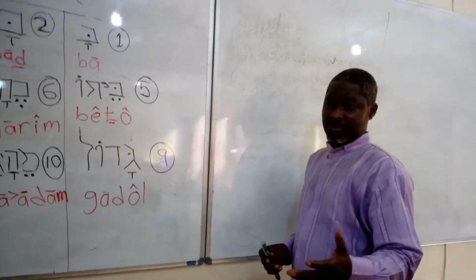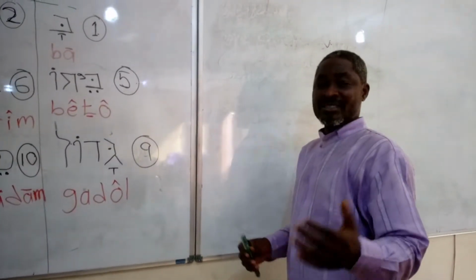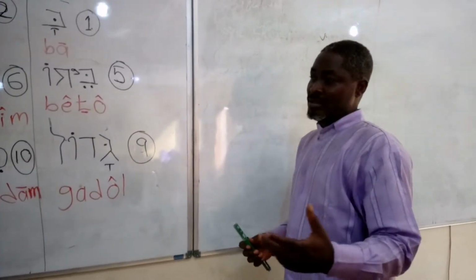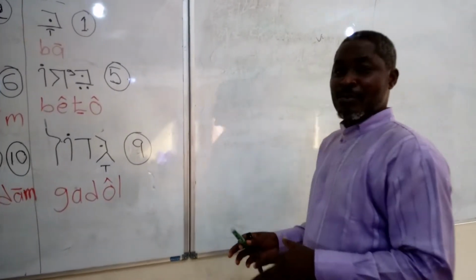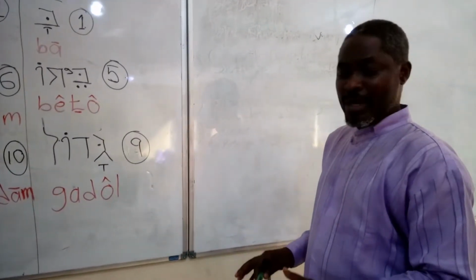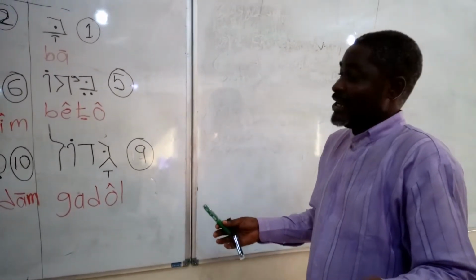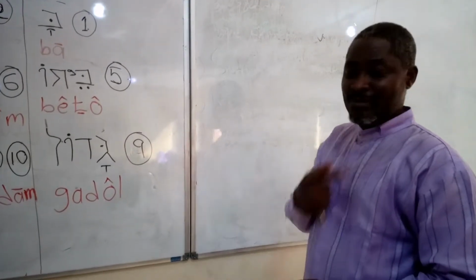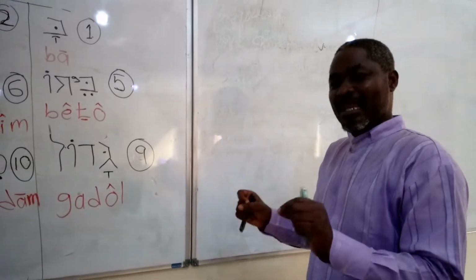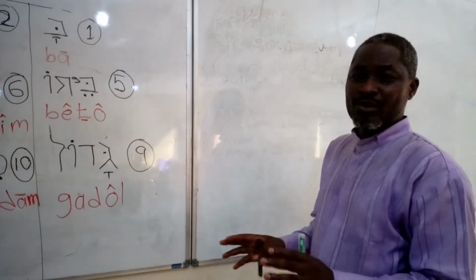Before we go into our lessons, I need to give us the address, because at this stage you may need to call me, text me, or WhatsApp me on some of the difficulties you may encounter as we go on. Now we are leaving the primary level and moving up to the advanced level. Not yet advanced, but for those having contact with Hebrew for the first time, this may seem hard, so you may have one or two questions.